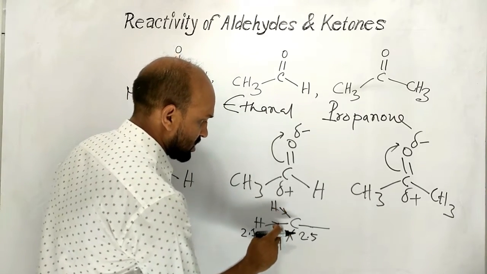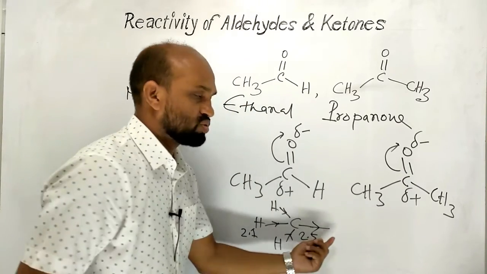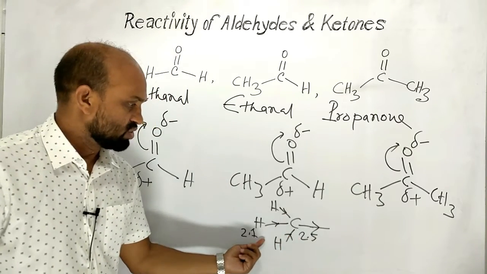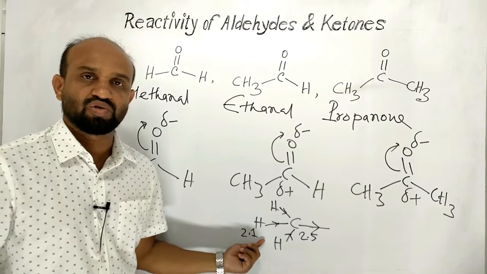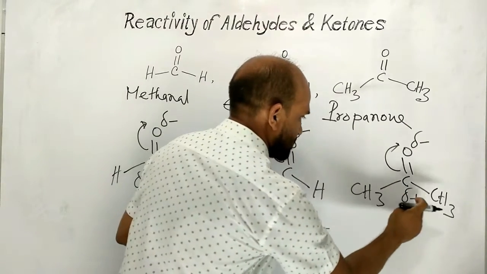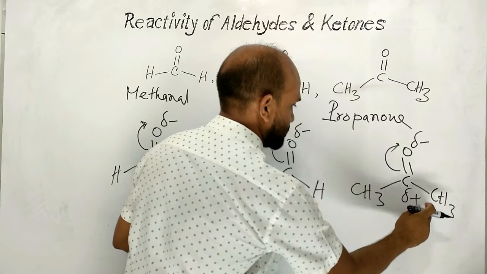That is why the methyl group readily pushes them towards the neighboring atom. So simply we can say that methyl group is a kind of electron donating group. So here there are two electron donating groups, methyl groups.